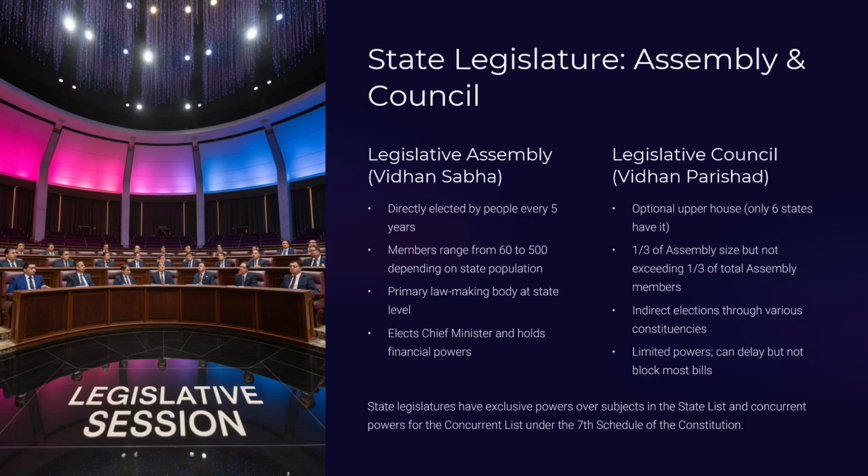The members range from a minimum of 60 to 500 depending on the state population. It is the primary lawmaking body at the state level, and it elects the chief minister and holds the financial power.